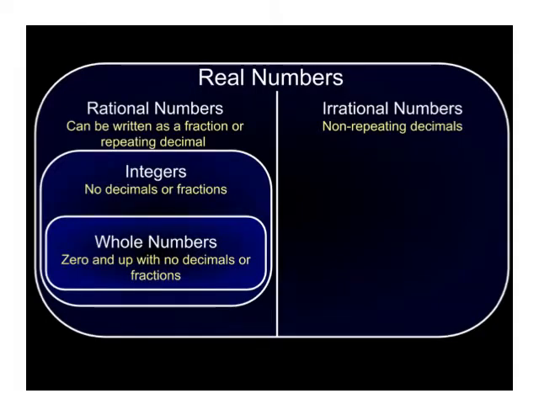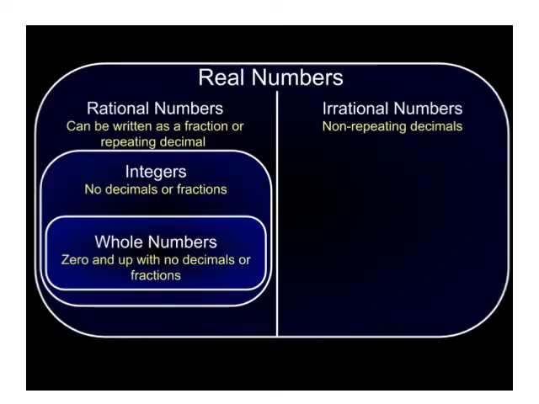That's the last of our categories. A whole number has no decimals or fractions, yes, but it also has to be 0 or higher. So whole numbers can be 0, 1, 2, 3, and so on. But the integers can also be negative. So when we talk about integers, we're talking about the whole numbers and their negative counterparts.